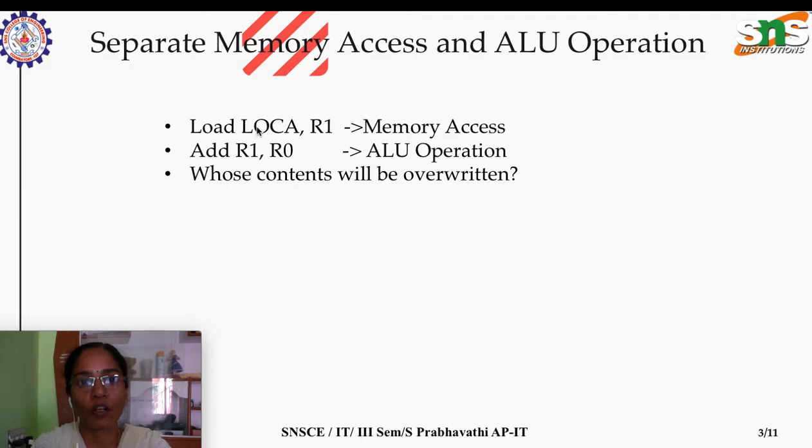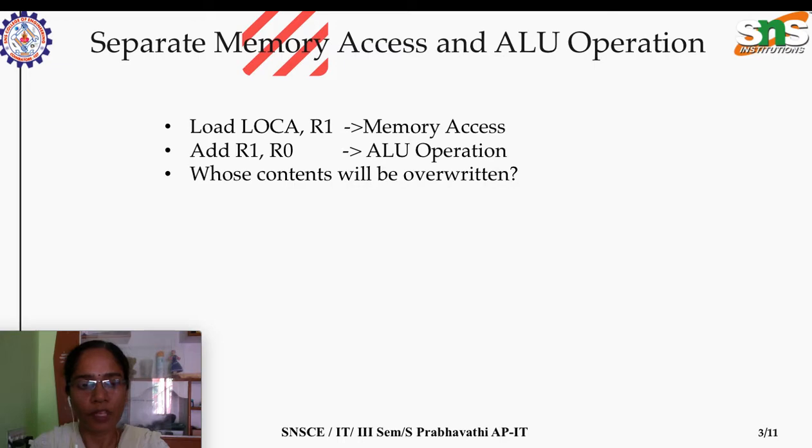Load location A comma R1. Here location A is the memory address. In that memory address there is data that needs to be fetched. That fetched operand value is stored in the processor register R1. There is a collection of general purpose registers. A register is again a memory, which is very fast and inbuilt inside the processor.